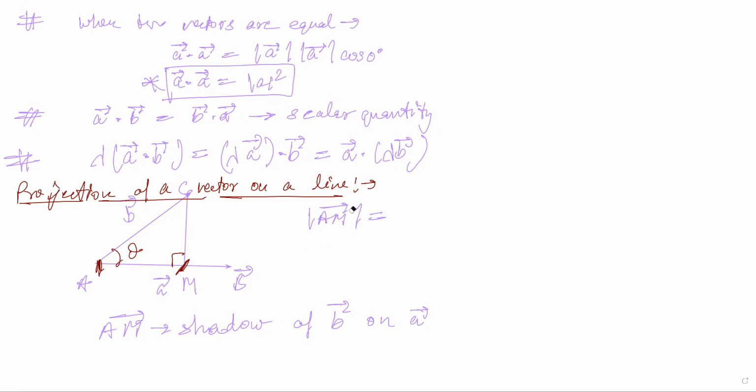It can be found out using angle theta. So cos theta is equal to base by hypotenuse, so AM divided by AC. Hence AM would be AC cos theta. In fact, mod of cos theta, because AM can't be negative.